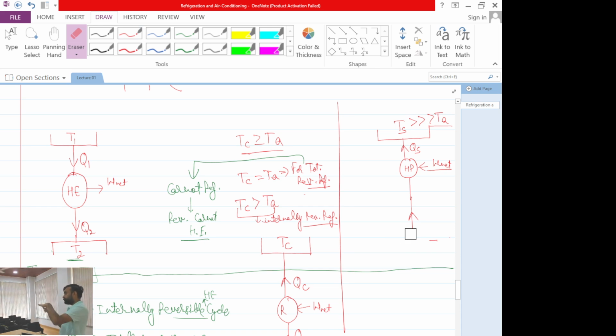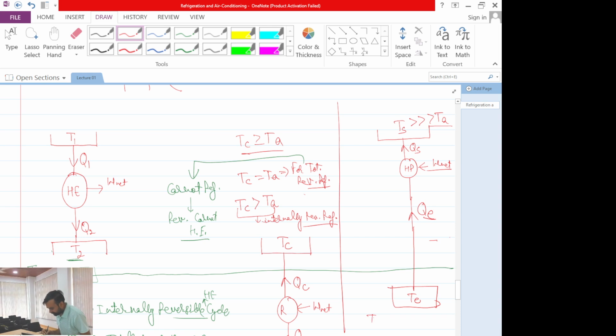So if it has to take heat from the atmosphere, it means its evaporator should be placed at a temperature below the atmospheric temperature. Then only it can take heat from the atmosphere. So here will be its evaporator. Okay, and then it will be QE amount of heat it will be taking from the atmosphere.